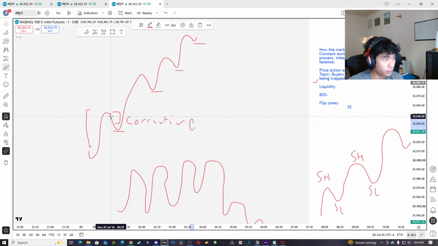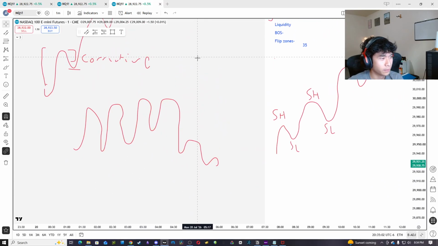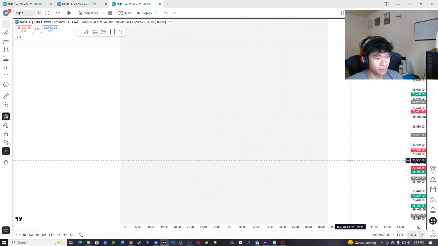When this is going down, people are probably thinking maybe price is reversing here, but that's not the case. What's happening is it's finding more fuel for the bigger move up. So it might be better if we go in the charts so you can actually see what I'm talking about.